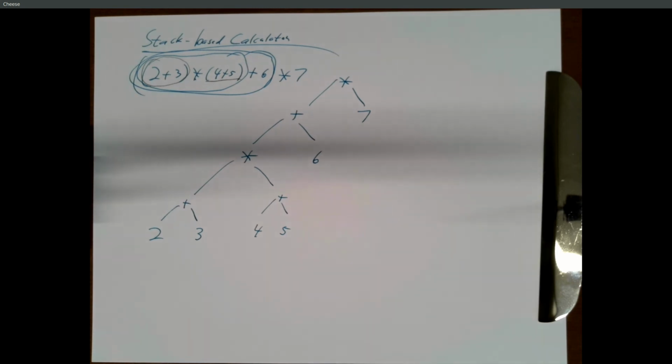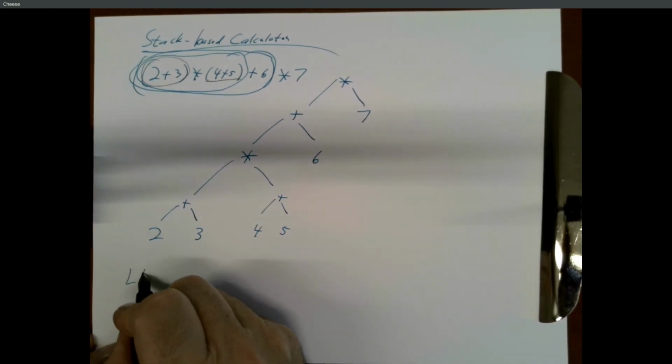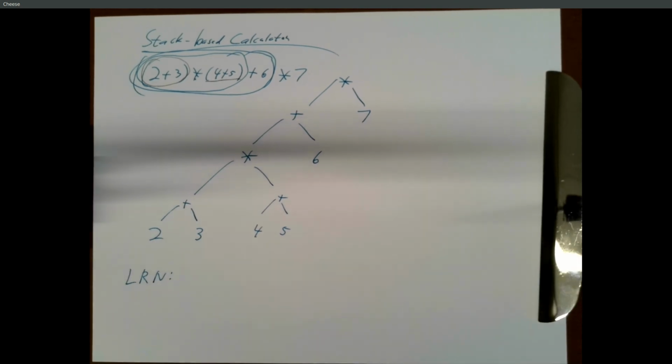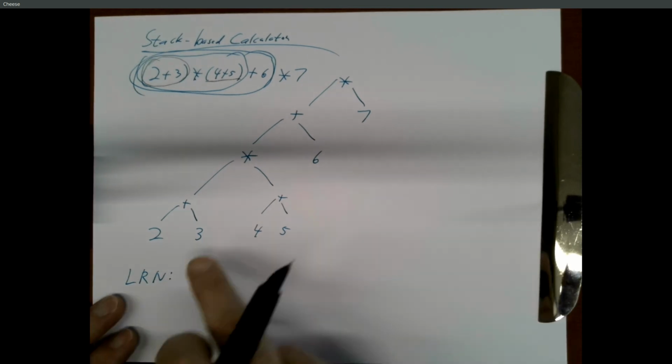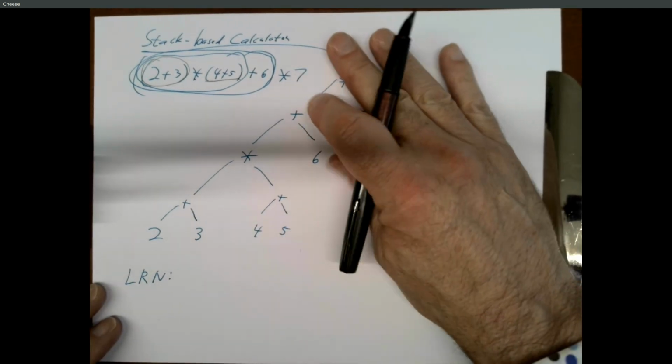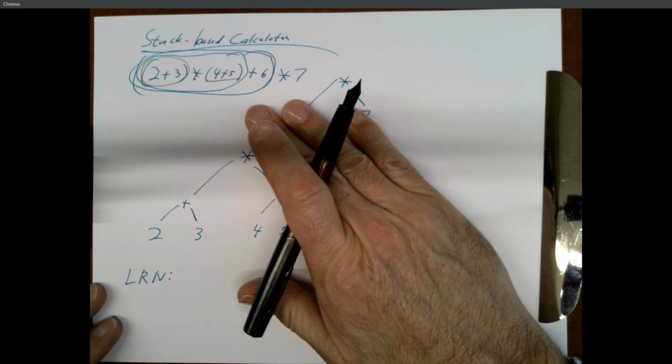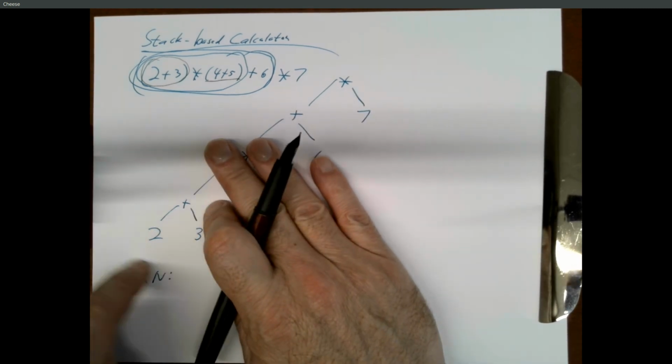And one of the nice things about making a tree like this is if I do a post-order traversal, left-right-node, I get a version of my original expression in what we call reverse Polish notation. So if I do a left-right-node, I'm going to start here, I'm going to traverse the left subtree, which means traverse this tree, left-right-node.